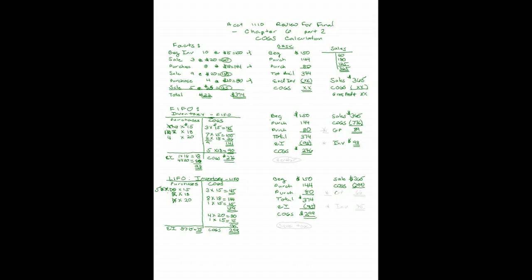So what's our gross profit on our income statement going to be? It's a good question, isn't it? Our gross profit on our income statement using LIFO is going to be $66. Less than using FIFO because we're costing out more expensive stuff.